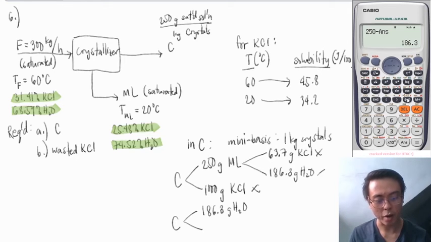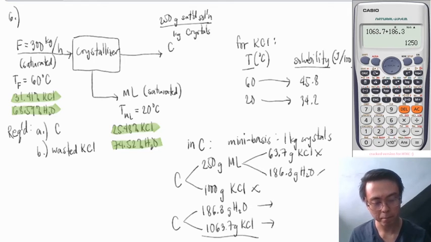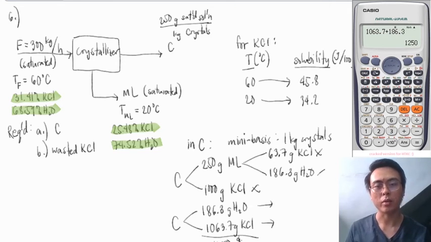For KCl, we have 1,063.7 grams KCl. Total amount, how much is this? 1063.7 plus 186.3. Okay, 1250 grams total.